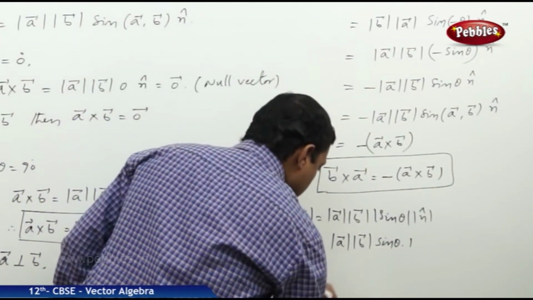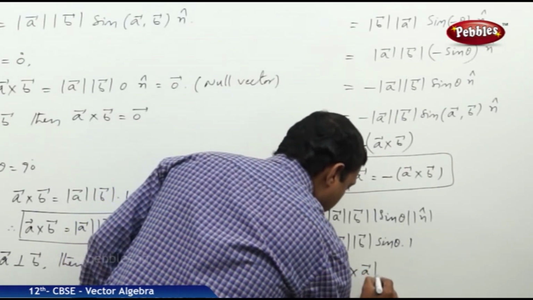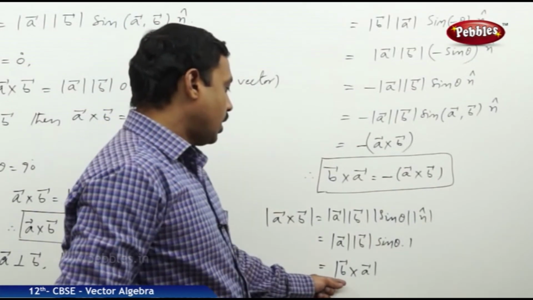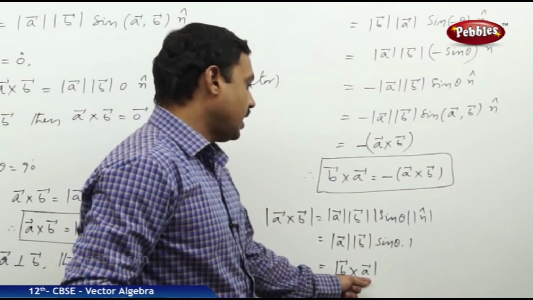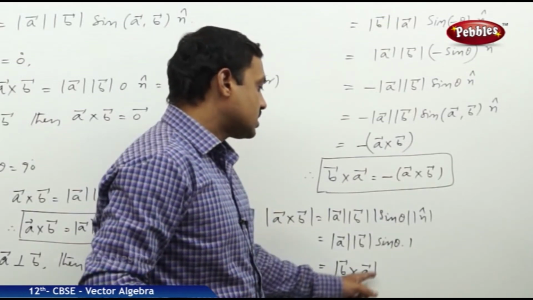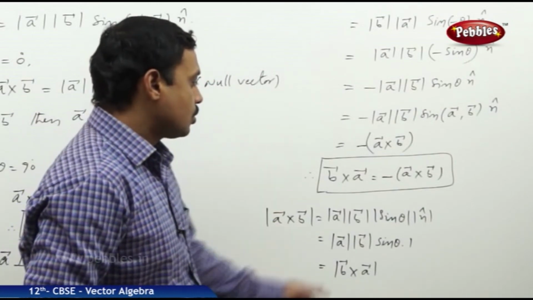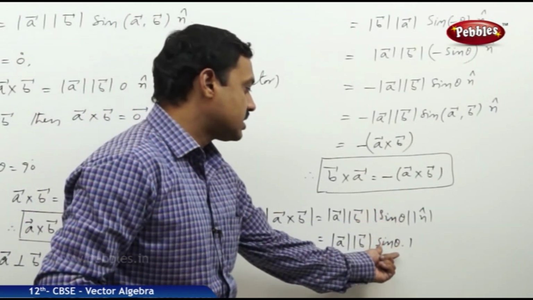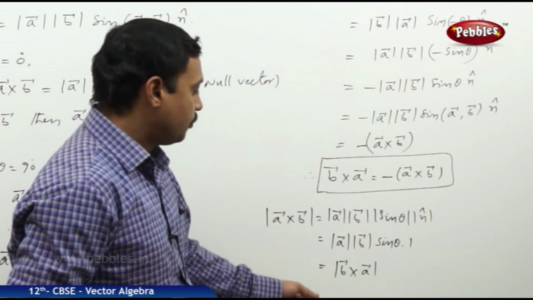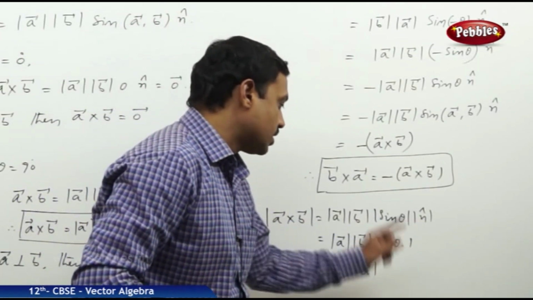This is also the same as modulus of B cross A, which is modulus of B into modulus of A into modulus of sin of minus theta into modulus of n cap. Sin of minus theta under modulus is nothing but sin theta, and modulus of n cap is equal to 1.